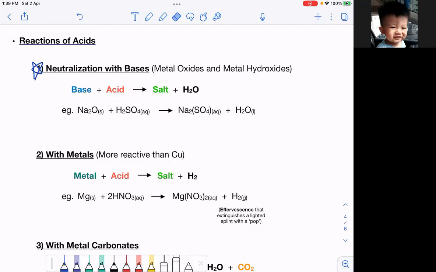Still waiting for Xianghui and Clarice. Once you get it, we can move on. The rest of you can memorize equation 1, and if you have done that already, you can start memorizing equation 2. Later I'll explain. Equation 1 we just finished. Equation 2 is another type of acid reaction. There are 3.